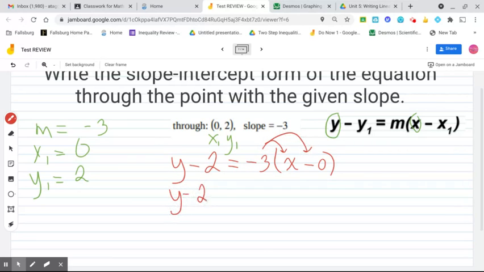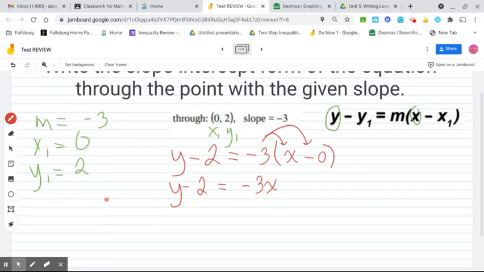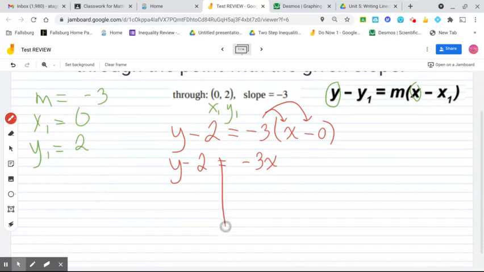So y minus 2 stays the same. Negative 3 times x is negative 3x. Negative 3 times 0 or negative 0, whatever you want to think, doesn't matter because it's times 0, which will just be 0 anyway. So I don't have to write that in there. But I do want to get y by itself. So now I'm going to solve for y. y is being subtracted by 2.